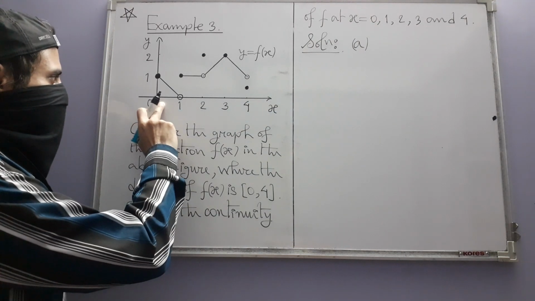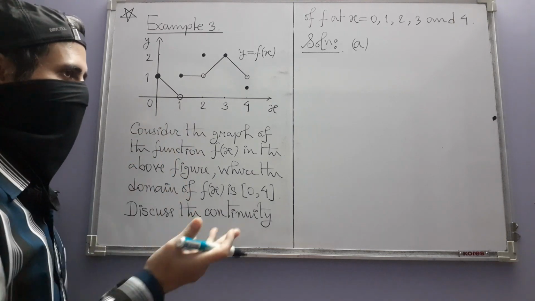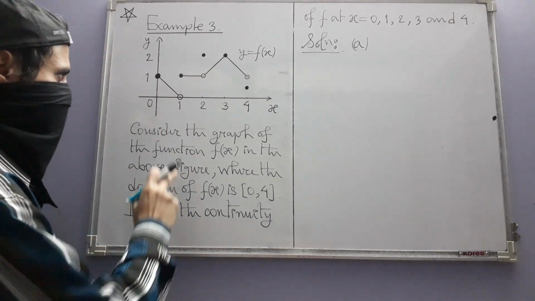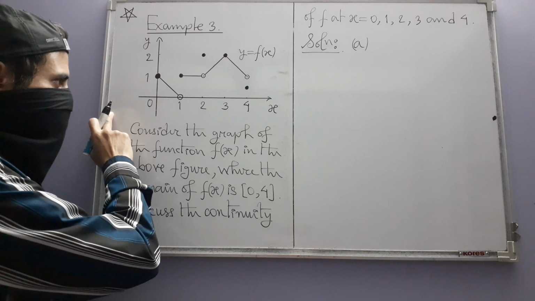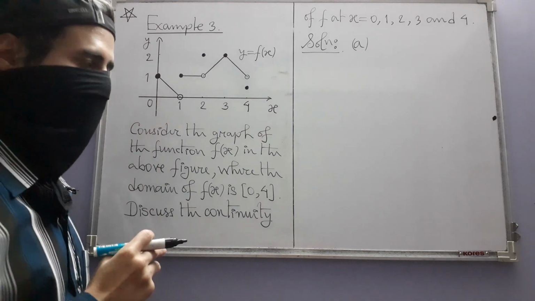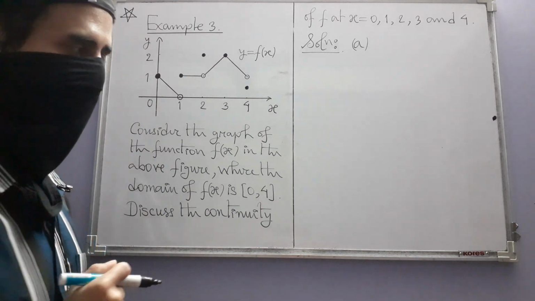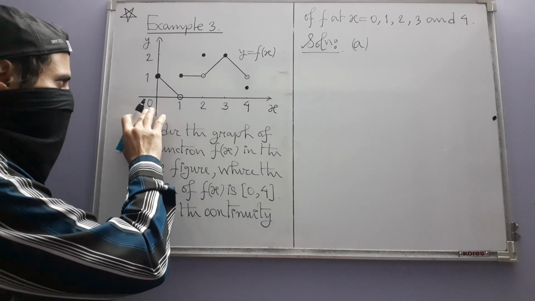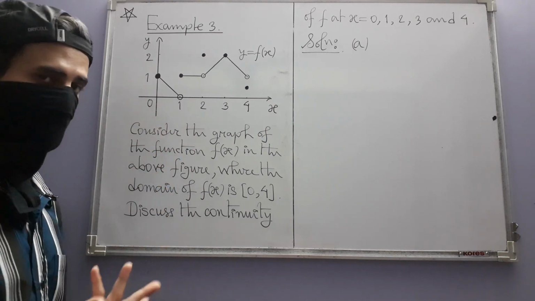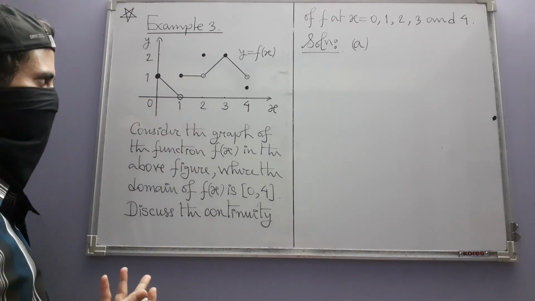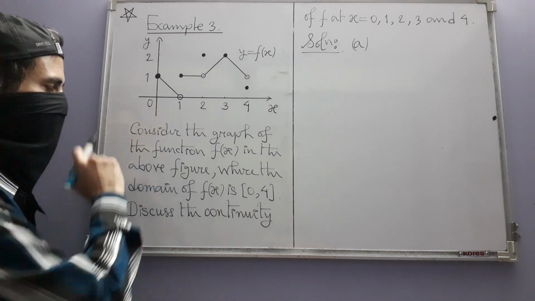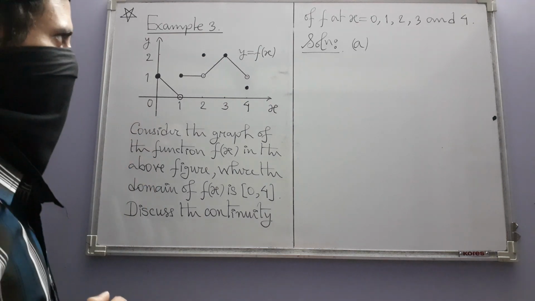At 0 we can only talk about the right hand limit. That's because the left hand side of 0 does not form a part of the domain of f. So the left limit at 0 cannot be talked about. Okay, it does not exist simply because there is no input to the left of 0.